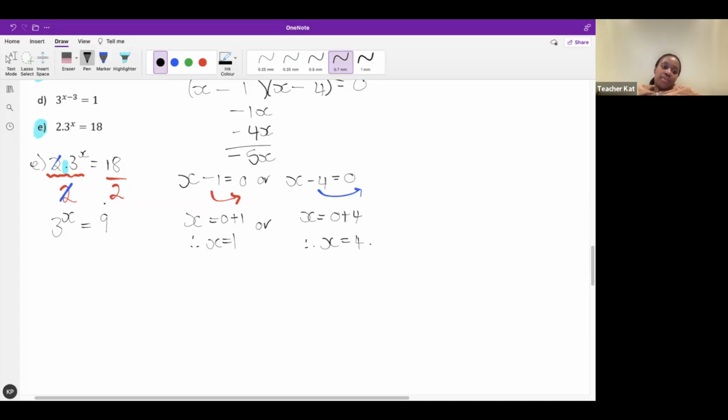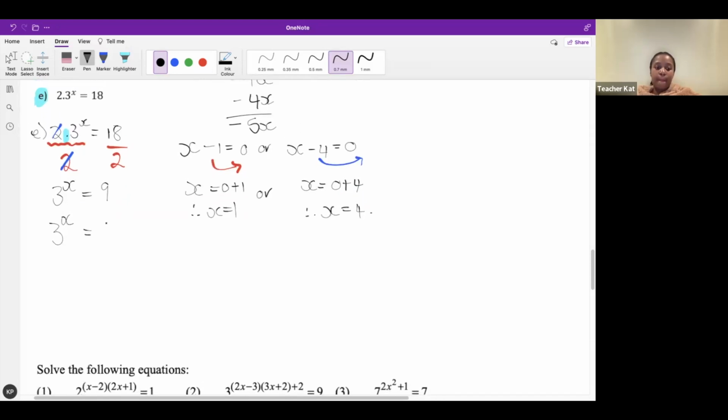And then how do I rewrite 9 with a base of 3? It's going to be 3 to the power of 2, 3 squared. And now we're done, so therefore x is equal to 2.